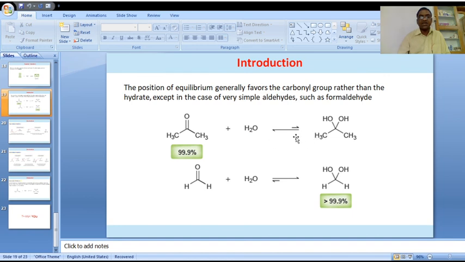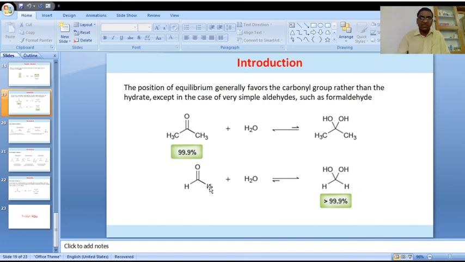Immediately the reaction proceeds in the backward direction. Here formaldehyde is a less stabilized structure. This less stabilized structure on reaction with a water molecule forms a hydrate.